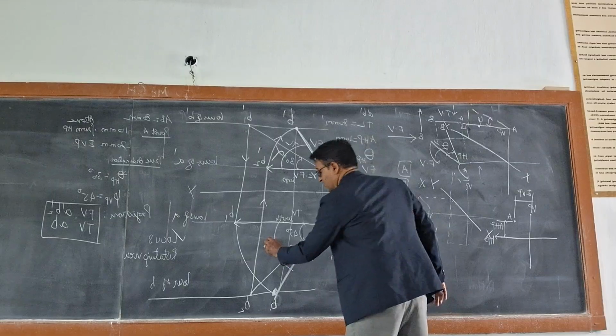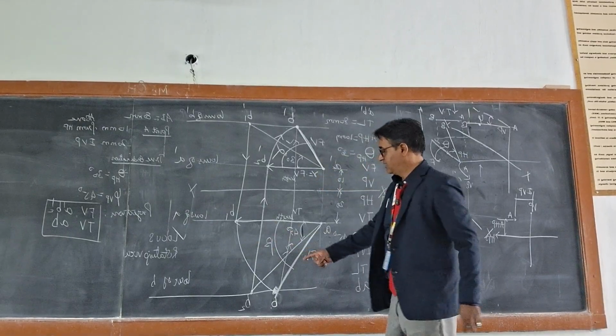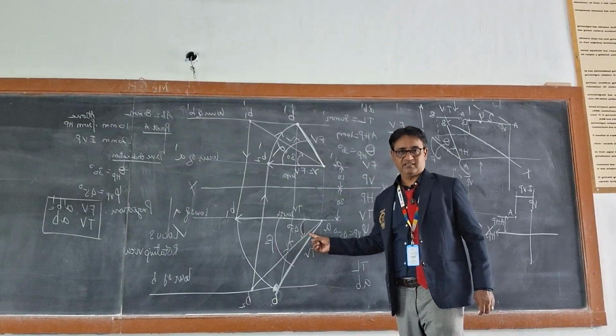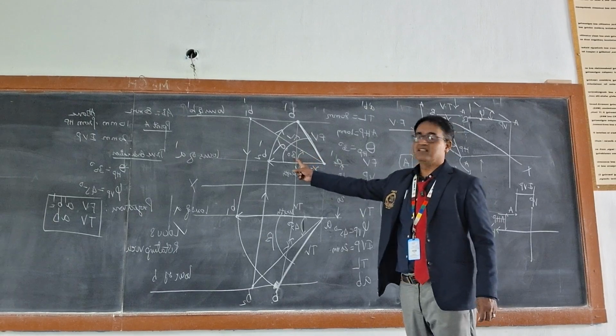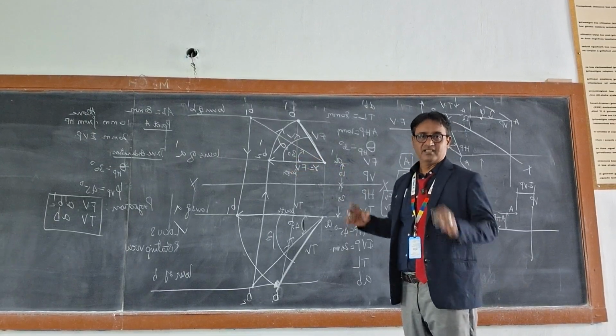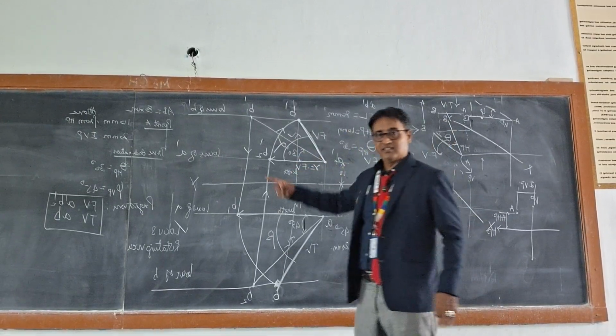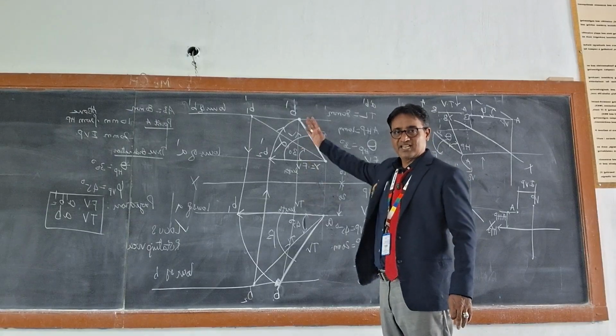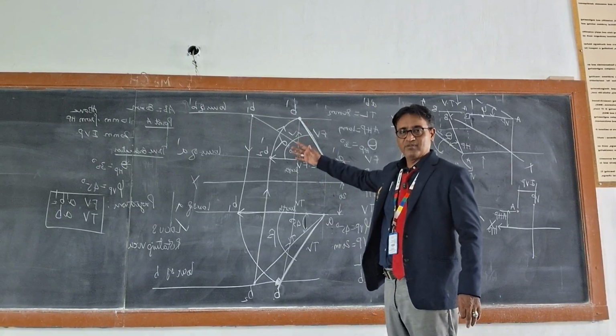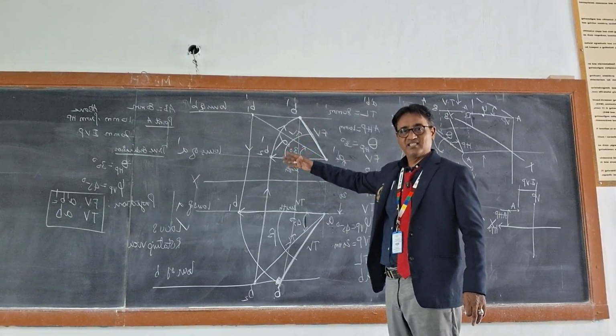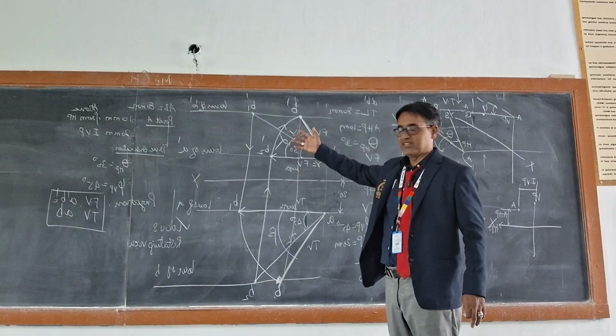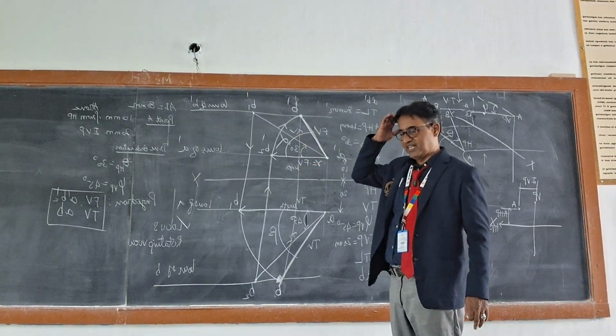Okay, now what is this? This is called beta. Now you see, beta is greater than psi, and alpha is greater than theta. This is another check. And the lengths will be reduced because the projection of an inclined line will have a length which is less than the original true length. So these two checks we have seen.